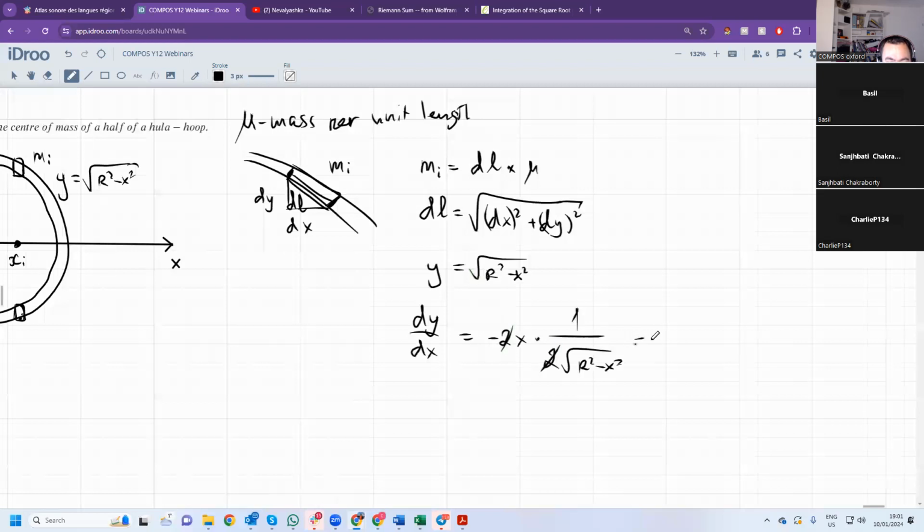The 2 cancels, and we get minus x over the square root of r squared minus x squared. That means dy is minus x over the square root of r squared minus x squared, dx.